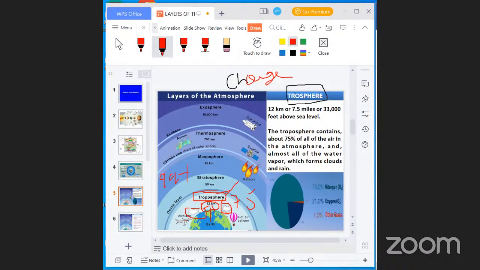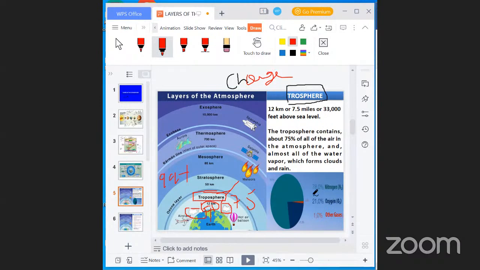The troposphere contains about 75% of all of the air in the atmosphere and almost all of the water vapor which forms clouds and rain, which all of you know. In this layer, the air is made up of approximately how much?